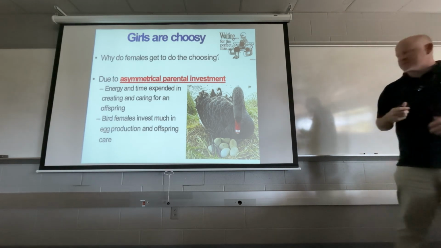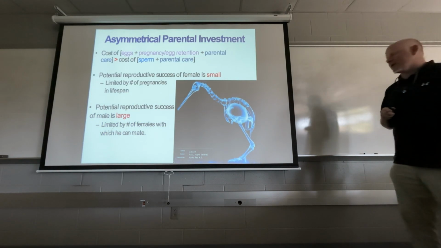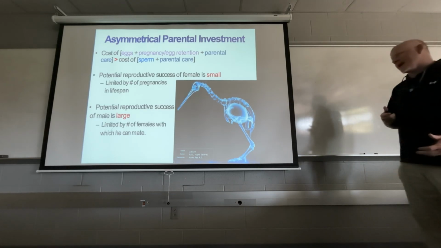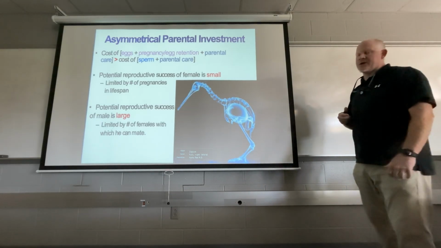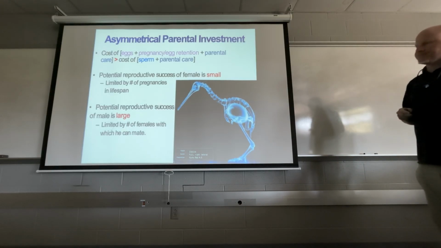The males help sometimes, but the female really not only makes the eggs, but also incubates and then cares for the young for a particular amount of time. Because of that, she's limited on her mating choices. And when you add all this up here, cost of egg, cost of pregnancy, parental care, it's much greater cost than, say, producing sperm and breeding with multiple females.